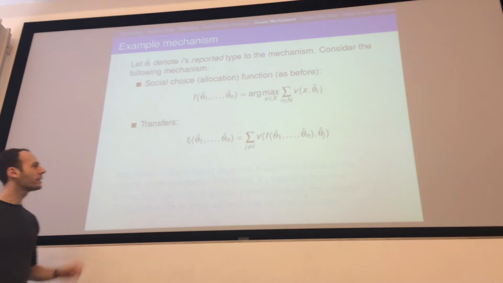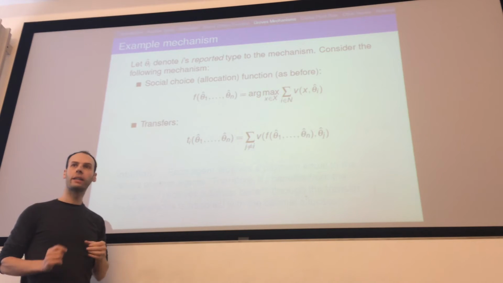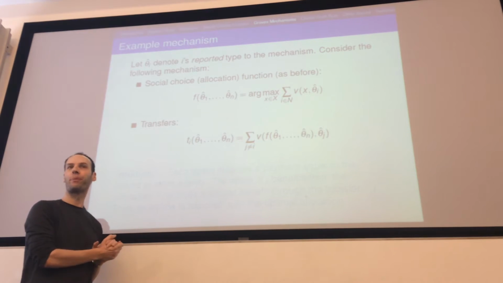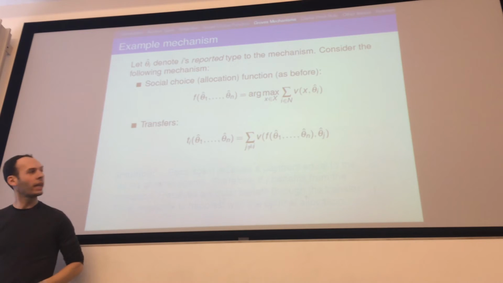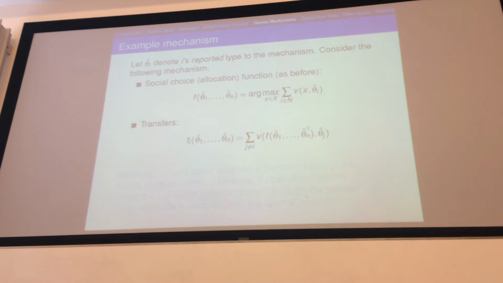And that's what the mechanism pays to that agent. You see what I mean? So if you forget the argmax for the moment, here we've got the sum of values of all the agents, so the total social welfare, and we're maximizing that. But here, we're not maximizing anything.